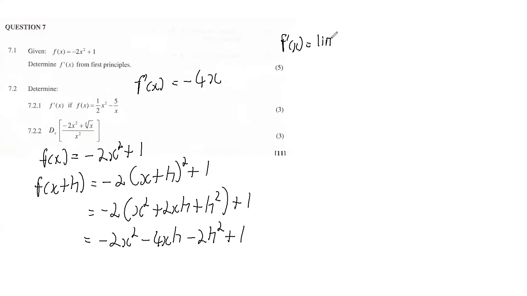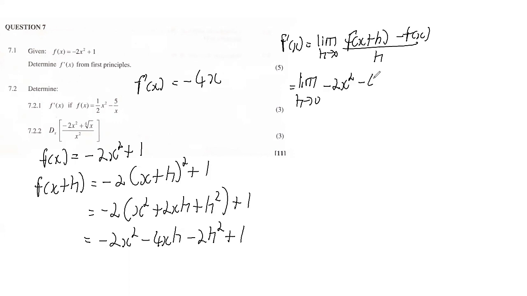Let's start solving. We write lim h approaching 0, f of x plus h minus f of x, over h, right? Now at this point, we carry on saying lim h approaching 0, take this whole expression for f of x plus h, plus 1, minus, and let's be careful when we are substituting in our expression for f of x, we need to say minus and put it inside the brackets, then over h.